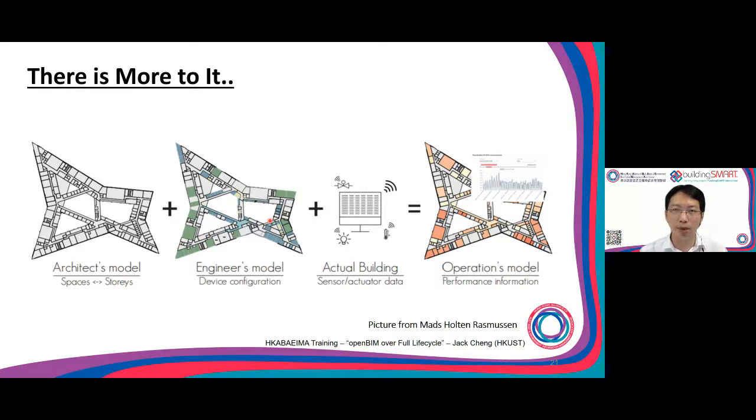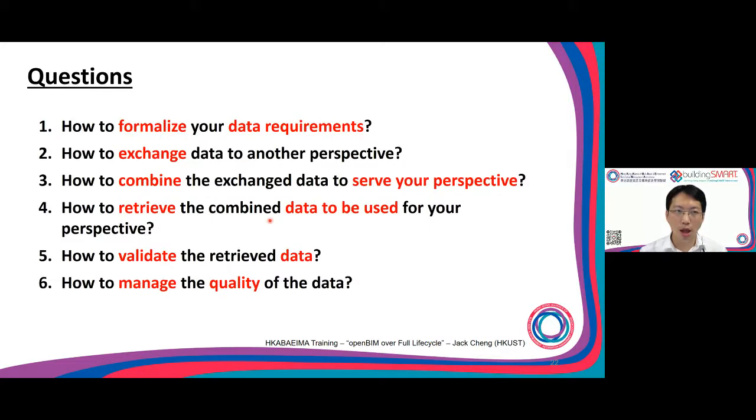But in reality, it may not be that simple. When we talk about linking up all these life cycle stages, there are a few questions we need to think about for all this data exchange. One is, how can we formulate the data requirements of different applications? How can we exchange that? How can we combine this data to serve the purpose?